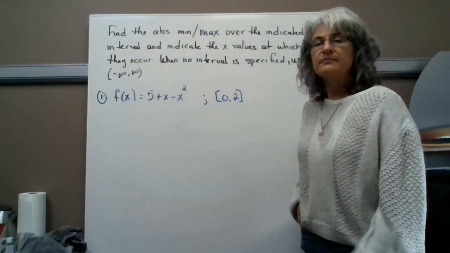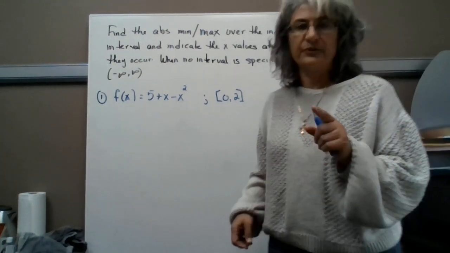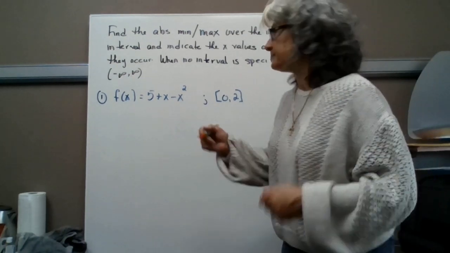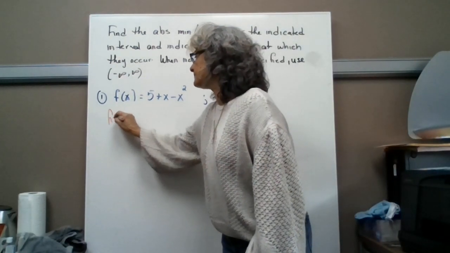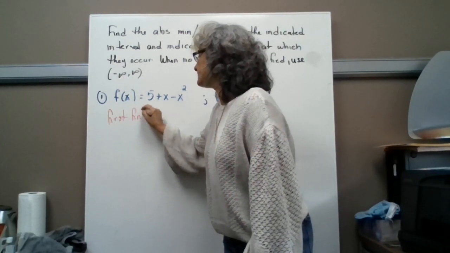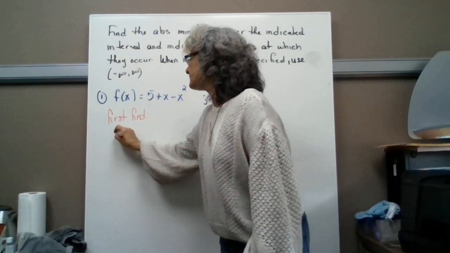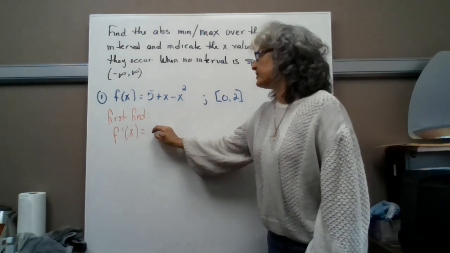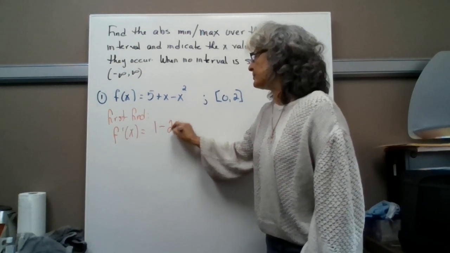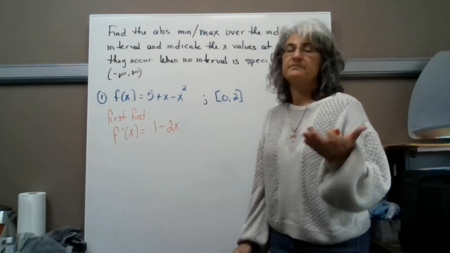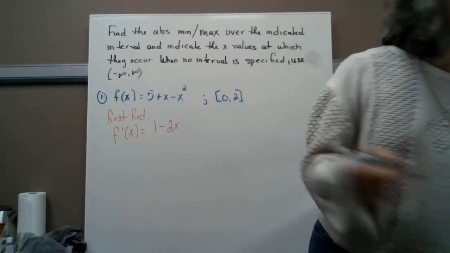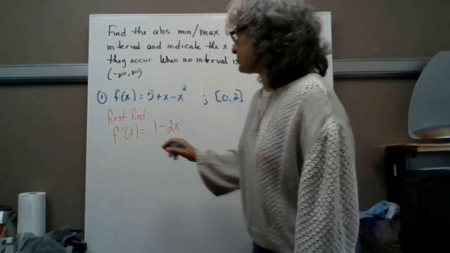Now, the first thing Theorem 8 tells me to do is to find the first derivative. So that first derivative is going to be 1 minus 2x. Do you agree? The second thing Theorem 8 tells me to do is to find the critical values.